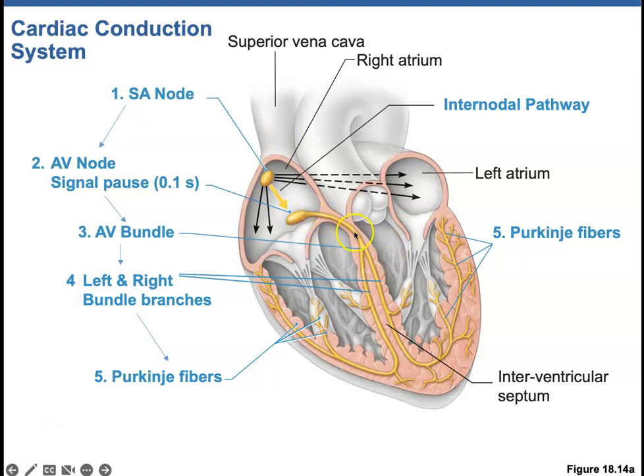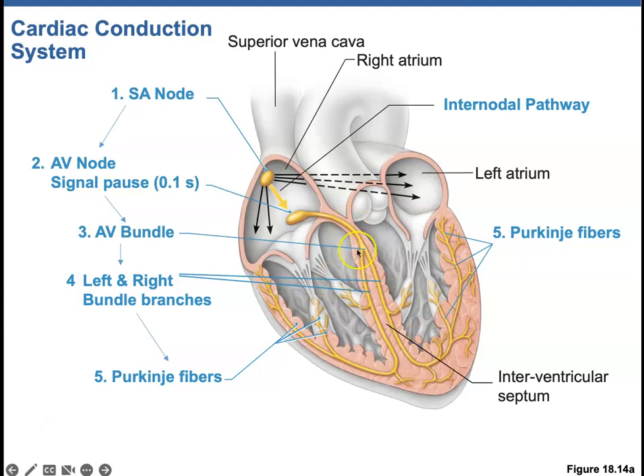Then the signal gets down here, and once it hits this area where you have the AV bundle, it will go really fast down its bundle branches and then get down here to the tip, to the apex, and then boom, it goes up the Purkinje fibers and we depolarize the actual ventricles. Once that happens, the ventricles will go into systole, they contract, and then they eject the blood out.